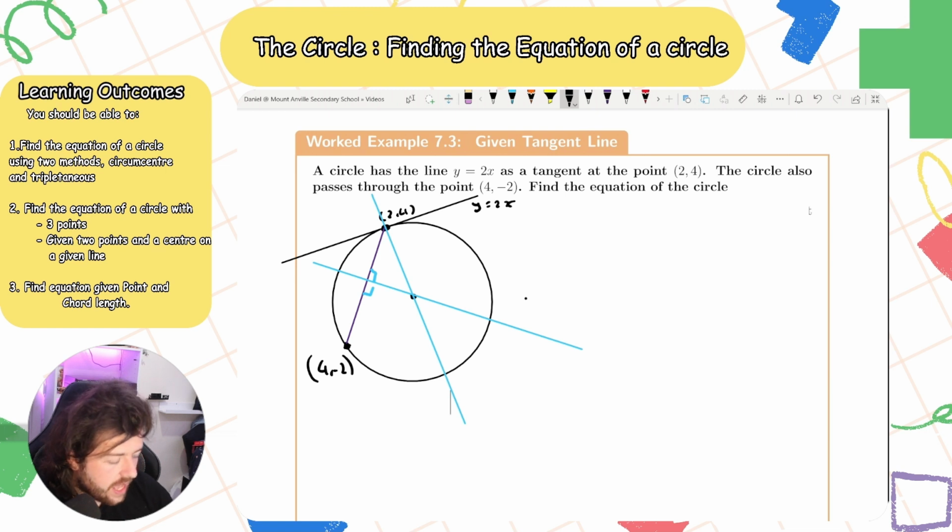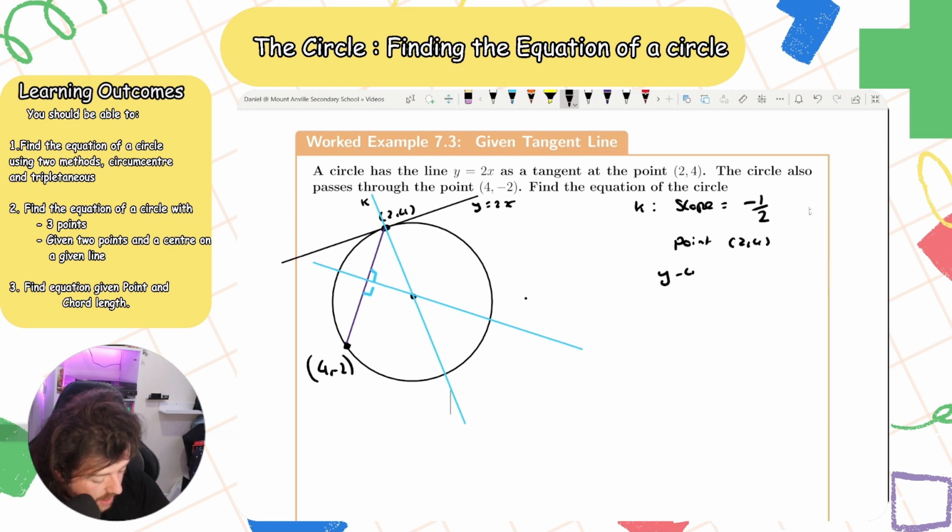So first of all, I'm going to find the equation of this line. I'm going to call it line K, so this line up here. My slope is going to be the perpendicular slope of this. The slope of this line is 2, so the perpendicular slope is minus a half. And then my point is 2, 4.